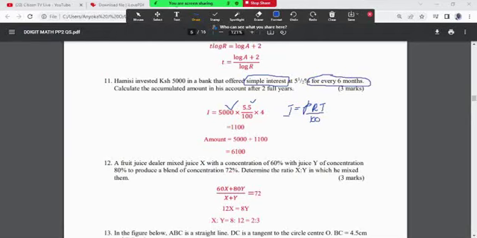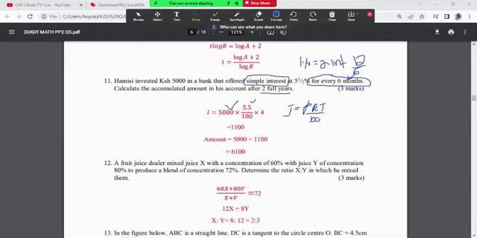So in 1 year, we are going to have 2 interest periods, because it will be 12 divided by 6, where after every 6 months, interest is paid.